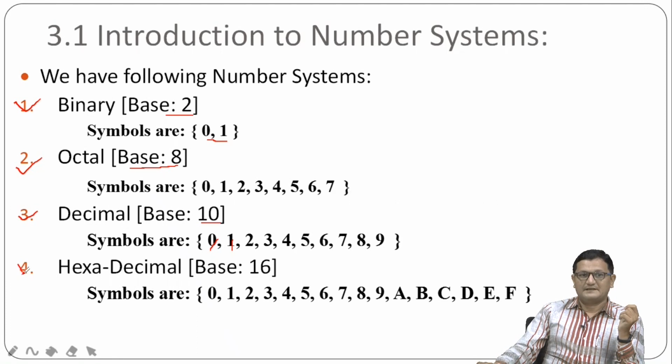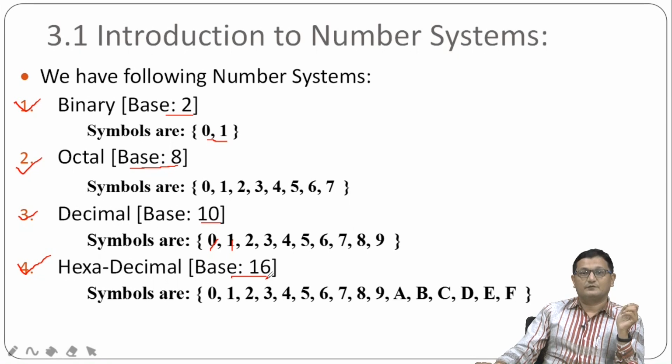One more number system is known as the hexadecimal number system. In the hexadecimal number system, we can use 16 symbols to represent a single digit of a number, right? So total 16 symbols, and that is why we can say the base of hexadecimal is 16, right? Now you might think, okay sir, 0 to 9, then what? There are only 10 symbols.